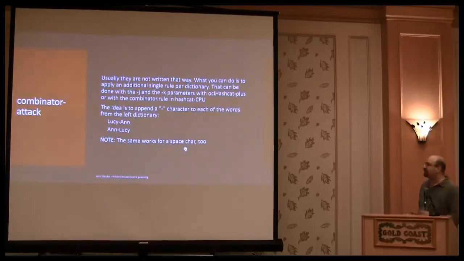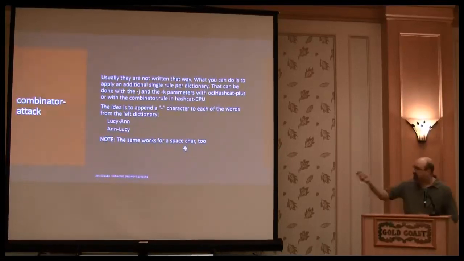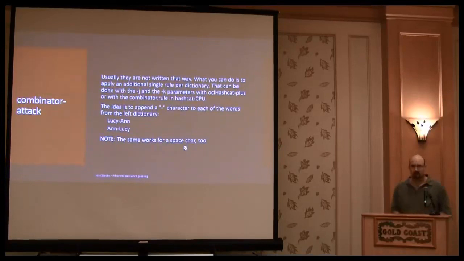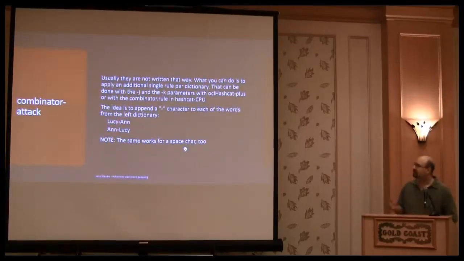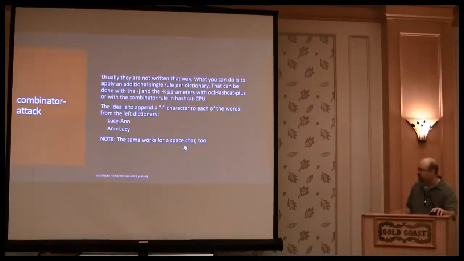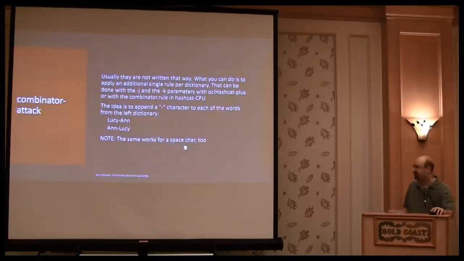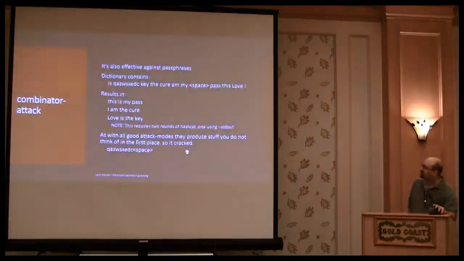So if you append a dash to every word on the left, then you can do the separator char. In that case, you can use every char. You can even reverse, whatever you want to do with it.